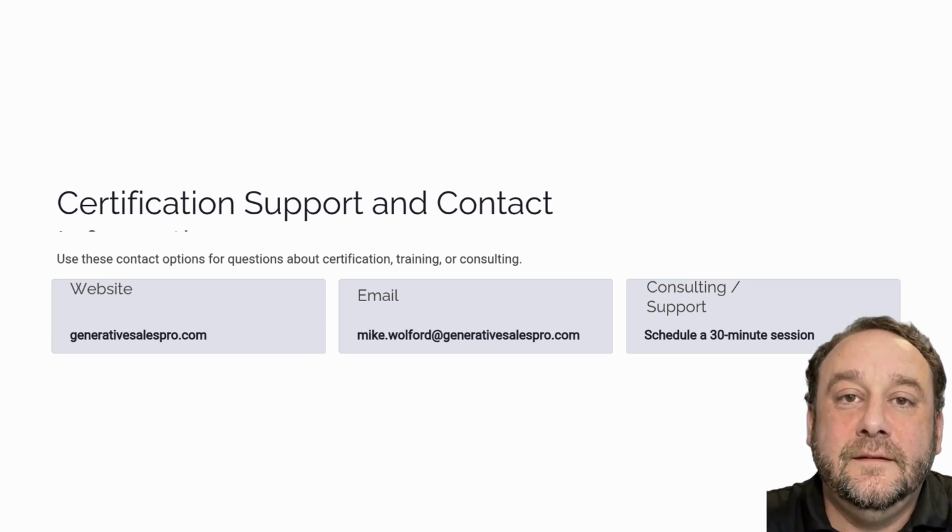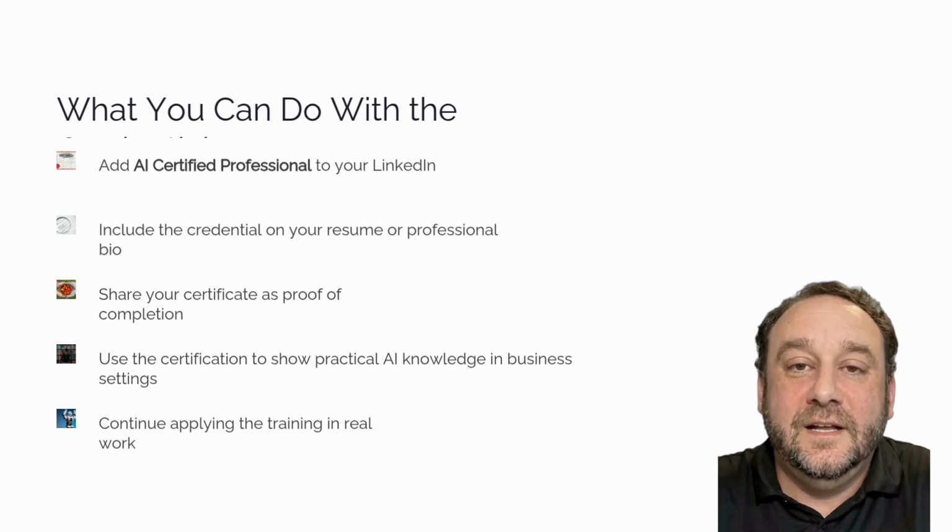Once you earn the AI Certified Professional Credential, there are several useful ways to apply it professionally. You can add it to your LinkedIn profile, include it on your resume, or mention it in your professional bio. You can also share the certificate as proof that you completed the training and met the assessment standard.